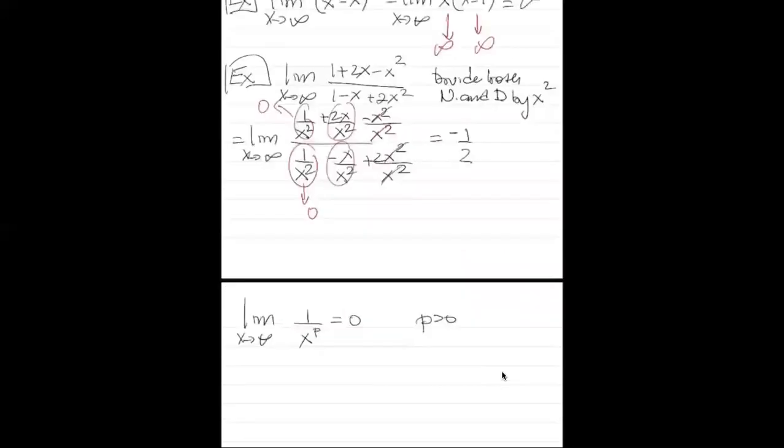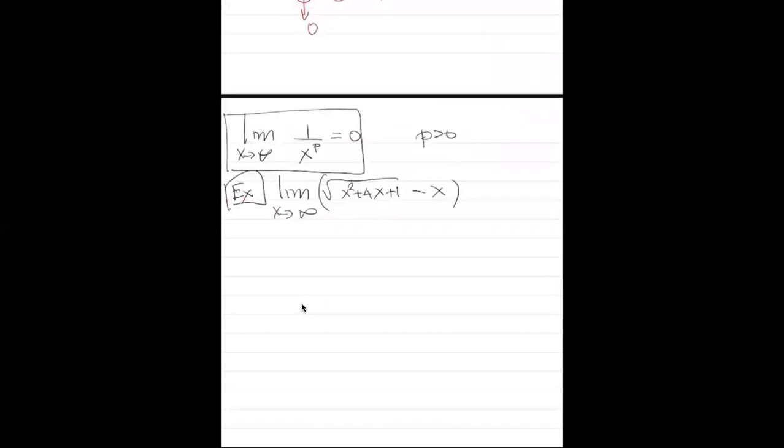So the strategy here is multiply and divide by the conjugate, which is square root x squared plus 4x plus 1 plus x.